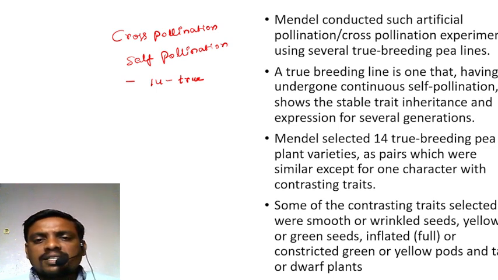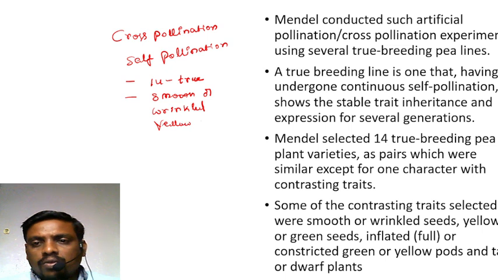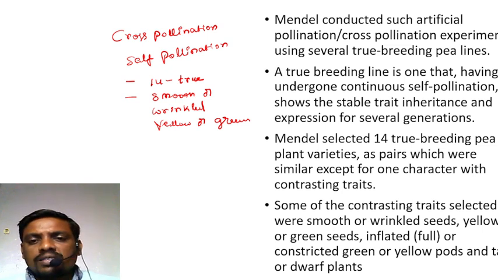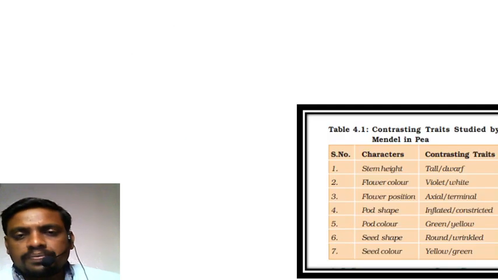Some of the contrasting traits selected were smooth or wrinkled surface, yellow or green seeds, inflated or constricted, green or yellow pods, and tall or dwarf plants.